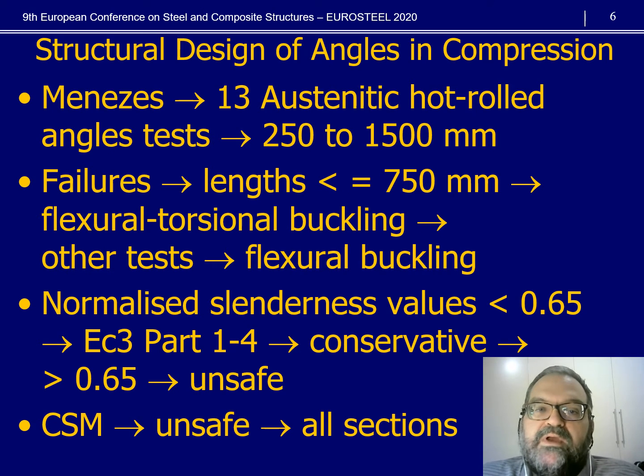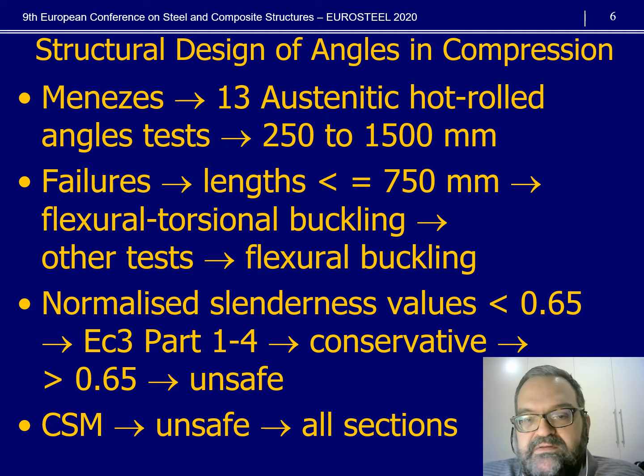Menezes has performed experiments in 13 austenitic rod-rolled angle tests with heights varying from 250 to 1500 millimeters, and the failures were divided in 2 modes. For lengths less than or equal to 750 millimeters, the flexural-torsional buckling controlled, while the other tests had their failures associated to flexural buckling or a minor axis flexural buckle.